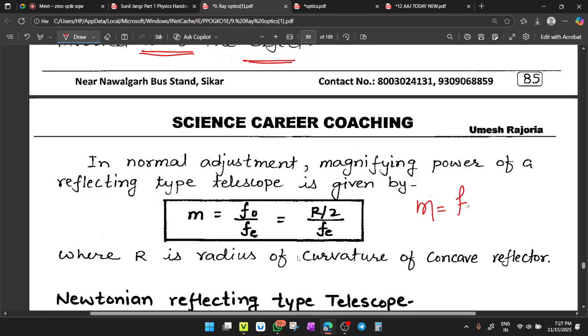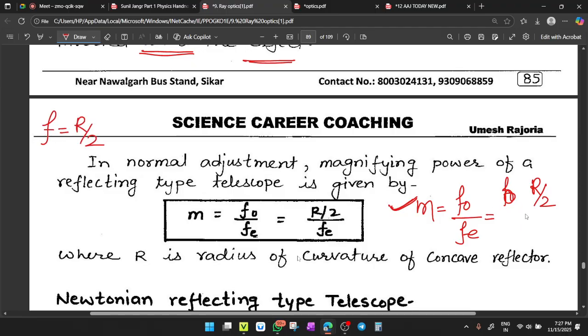Yes, M equals fo upon fe. Here fo is the focal length of the mirror. We have the same formula for normal adjustment, meaning when your object is kept at infinity and the final image is formed at infinity. For a mirror we have the formula f equals R by 2.